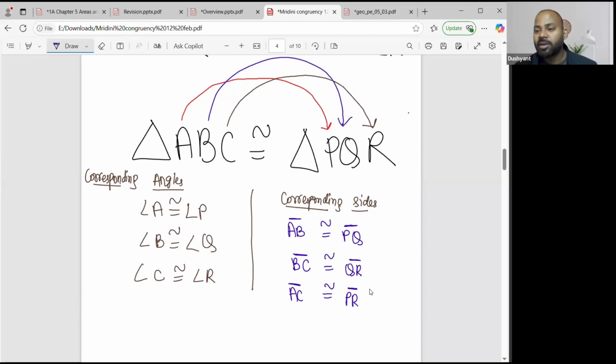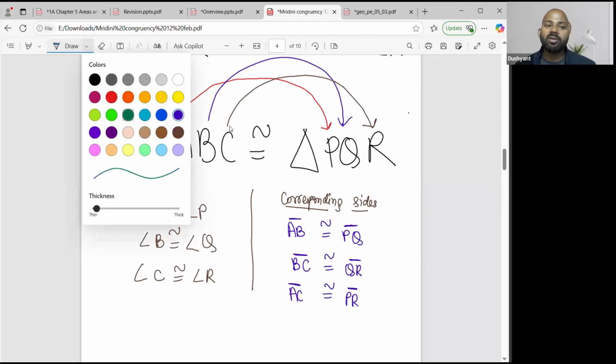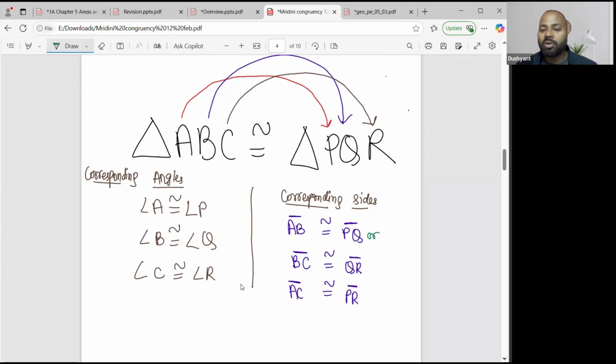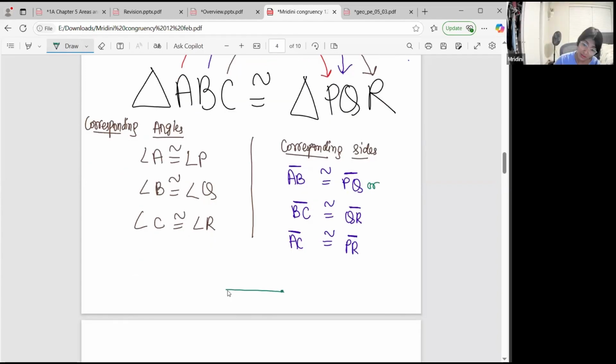Clear? Just one more point, and then you can take a note. Either I am taking PQ or QP, will that make any difference? If I take PQ, the length from P to Q, and I have a measuring tape measuring the length, if I measure from Q to P, will it make a difference?